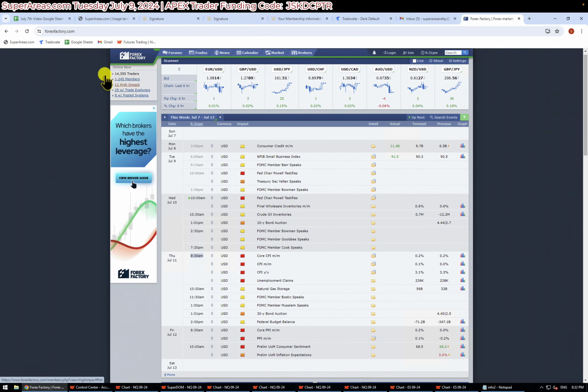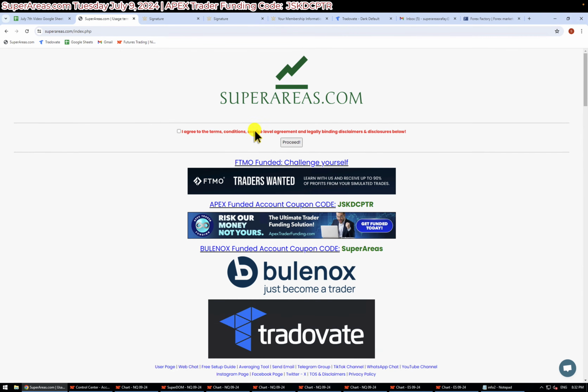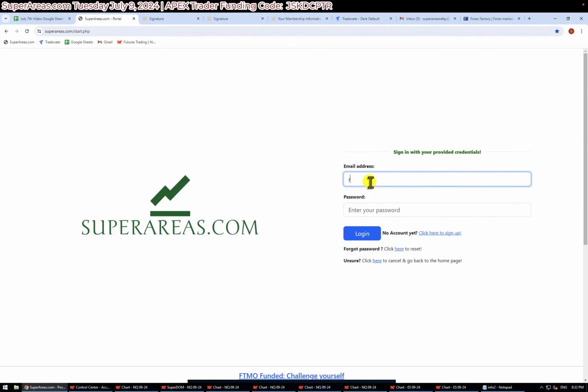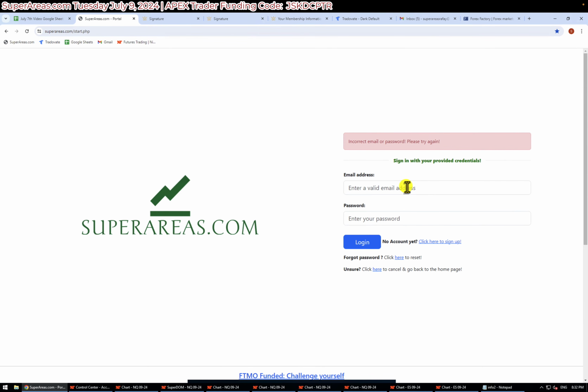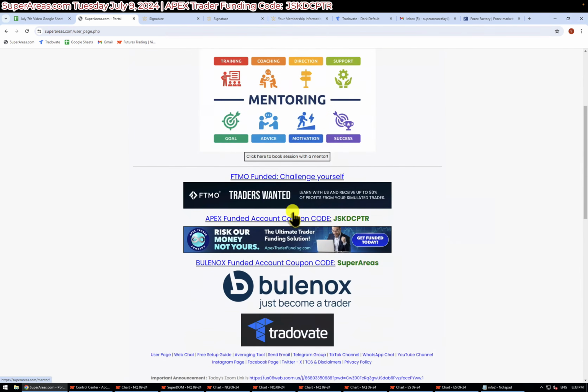And of course, as per our software and the areas that we give you, just watch out for the news and watch out for the areas, and you're able to see the areas that are going to get posted.